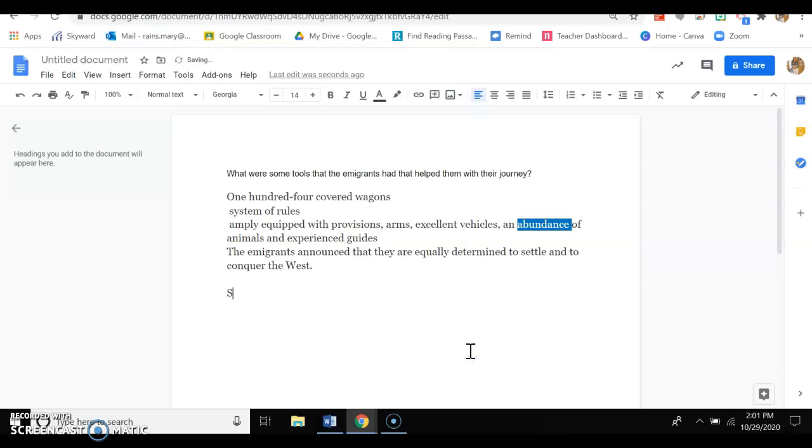So we would put some tools that the immigrants used to help them with their journey were.